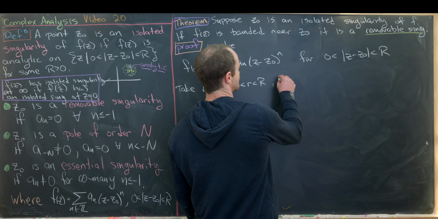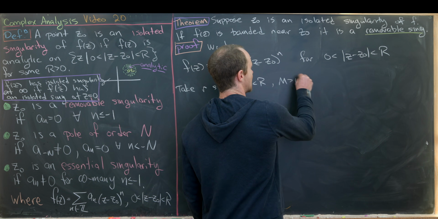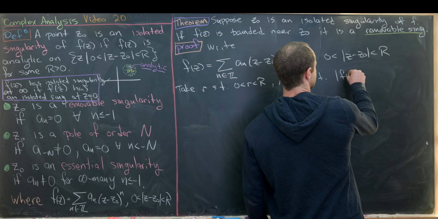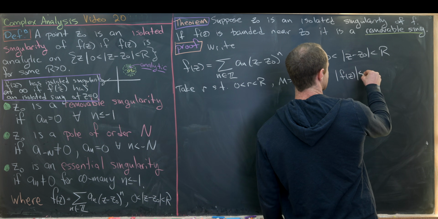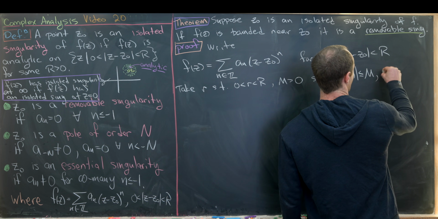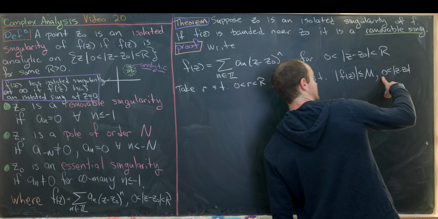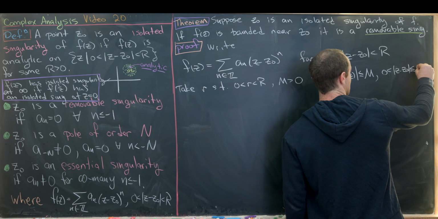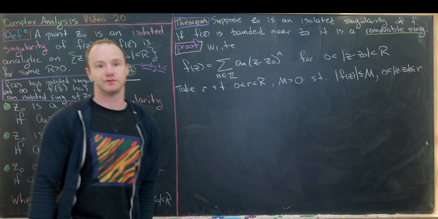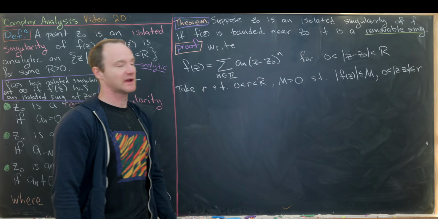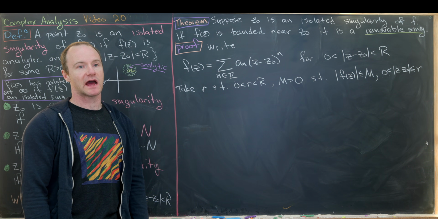So we take M to be a positive real number such that the modulus of f of z is less than or equal to M whenever the modulus of z minus z0 is greater than 0 and less than or equal to this little r. Again, we're able to do that because we have this boundedness condition on our function.